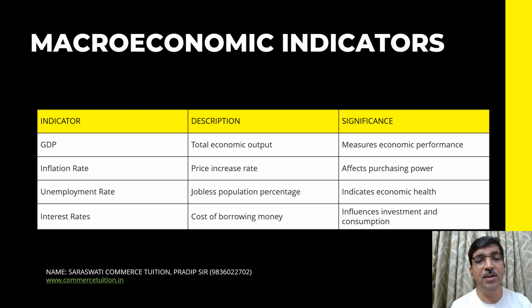Inflation rate means the rate at which prices are increasing. Description: price increase rate. Significance: effect on purchasing power, because based on inflation, the purchasing capacity of consumers in the market will increase or decrease.